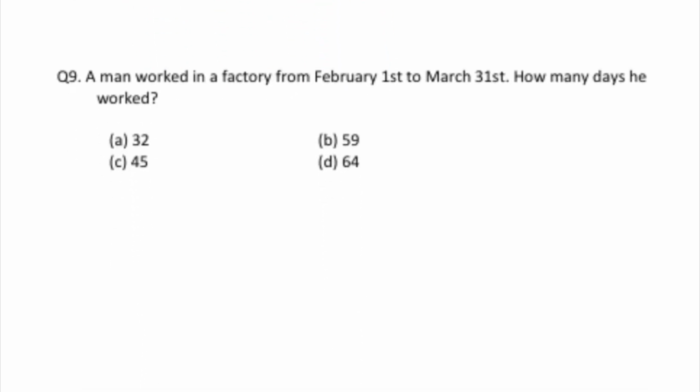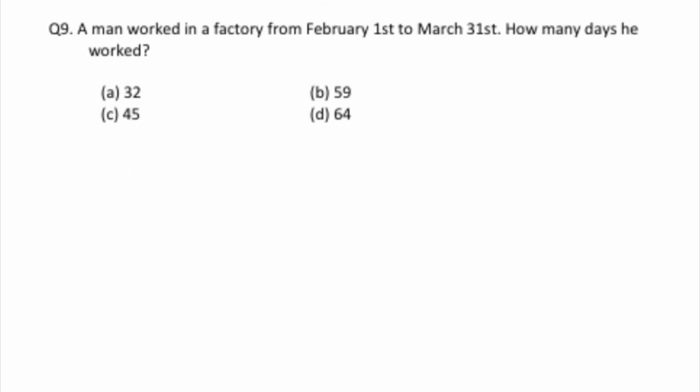Now question number 9. Let's see what it says. A man worked in a factory from February 1st to March 31st. So how many days did he work? So a man is working in a factory.